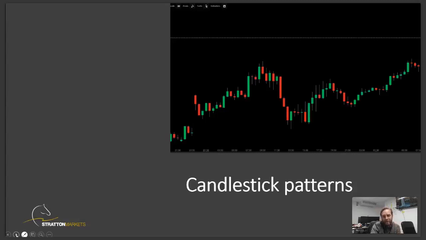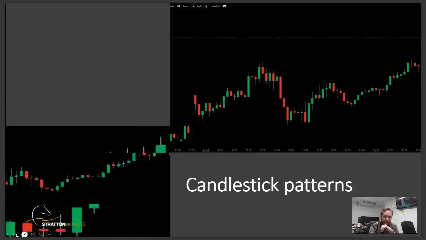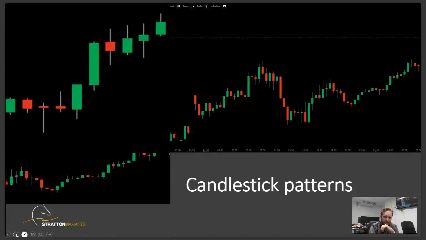So we have our charts, and we see our charts like this. Very pretty, very illustrative. But if we look closer, and then even closer, we could possibly identify patterns which could potentially give us an indication of where that asset may go.